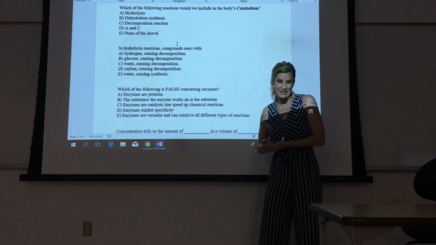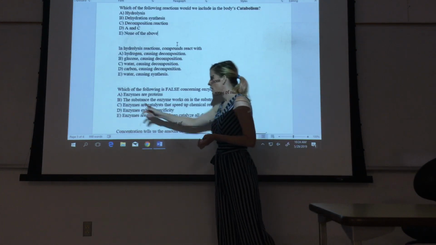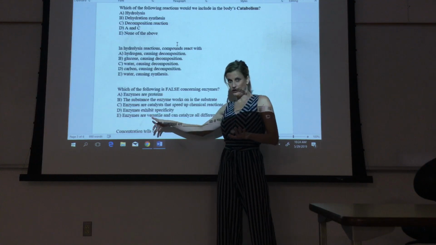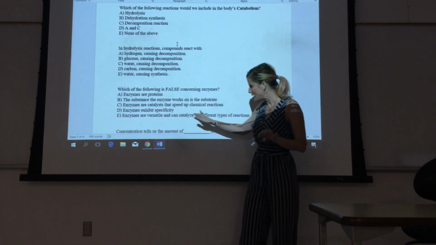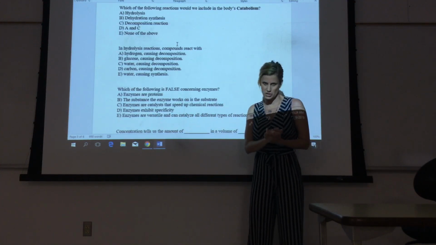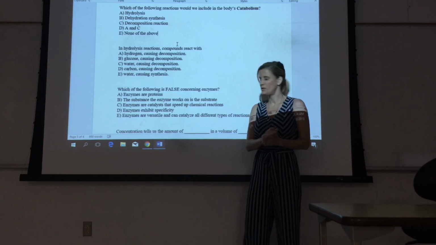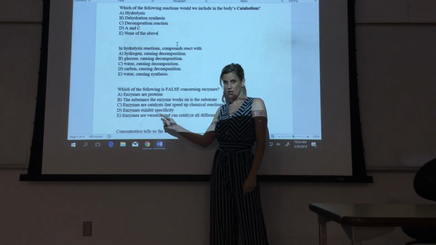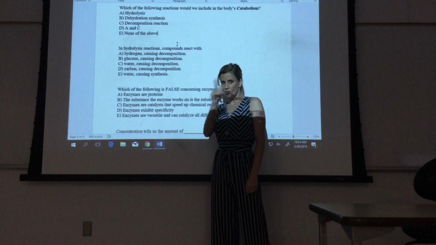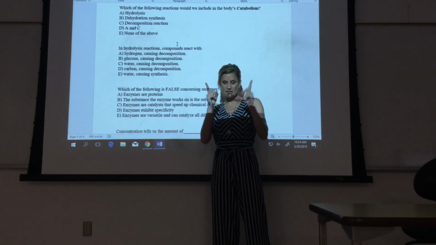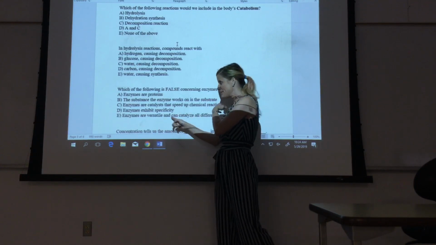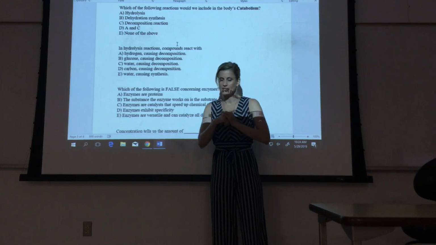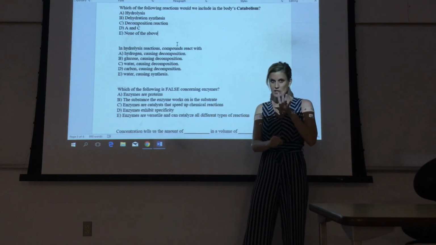That means E must be the answer, right? But let's look at it. Enzymes are versatile, and one enzyme can catalyze all different types of reactions. No, we just said the opposite of that. We said enzymes are specific. One enzyme works on one specific type of substrate. One enzyme does not go all around the body catalyzing all different types of reactions. Okay, so that is not true.